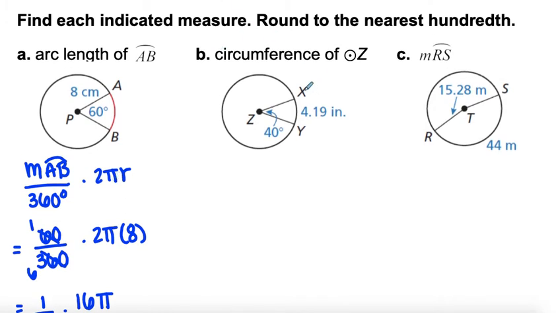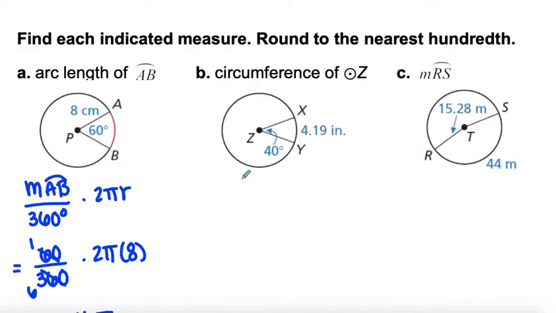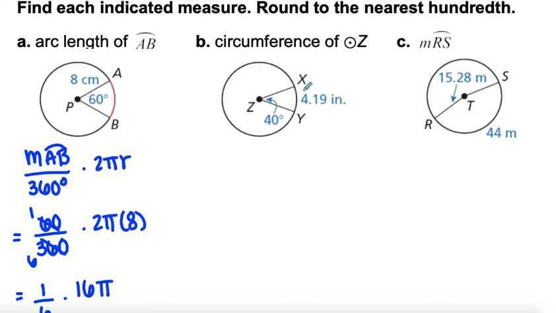Okay, so now the next one says I want to find the circumference of circle C. So if we're looking at our proportion here, I know that my arc length over my circumference is equal to the measure of the arc over 360. So I'm going to go ahead and fill that in here. So I know that my arc length is 4.19.